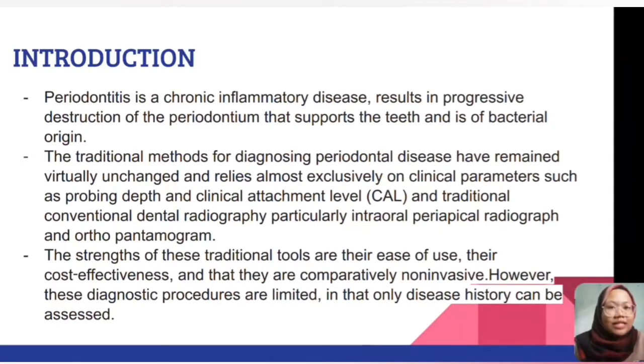The traditional methods for diagnosing periodontal disease have remained virtually unchanged and rely almost exclusively on clinical parameters such as probing depth and clinical attachment level, and conventional dental radiography, particularly intraoral periapical radiograph and orthopantomogram. The strengths of these traditional tools are their ease of use, their cost effectiveness, and that they are comparatively non-invasive. However, these diagnostic procedures are limited in that only disease history can be assessed.